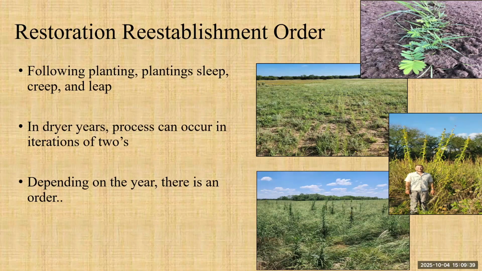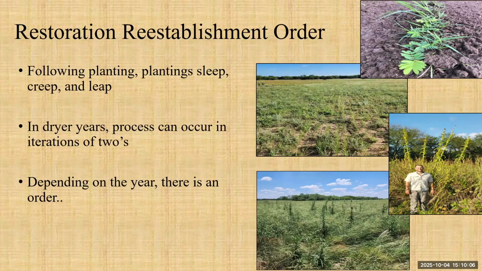As you move into Big Bend, the Rolling Plains, or the western Edwards Plateau, you can get into those iterations of two, but it depends on rainfall. This year, we had projects where first year growth looked like second or even third year growth on normal rainfall years. So this year was a phenomenal year. And if you're driving through most of Texas, you can see the abundance of vegetation.